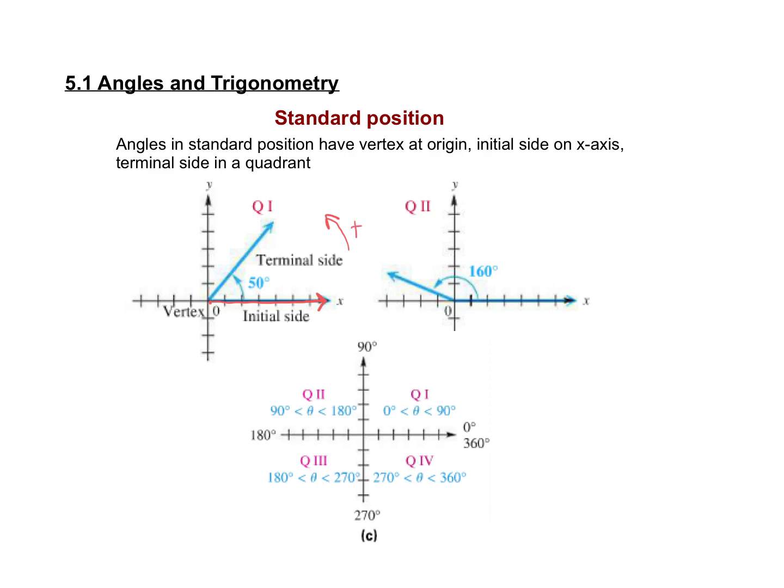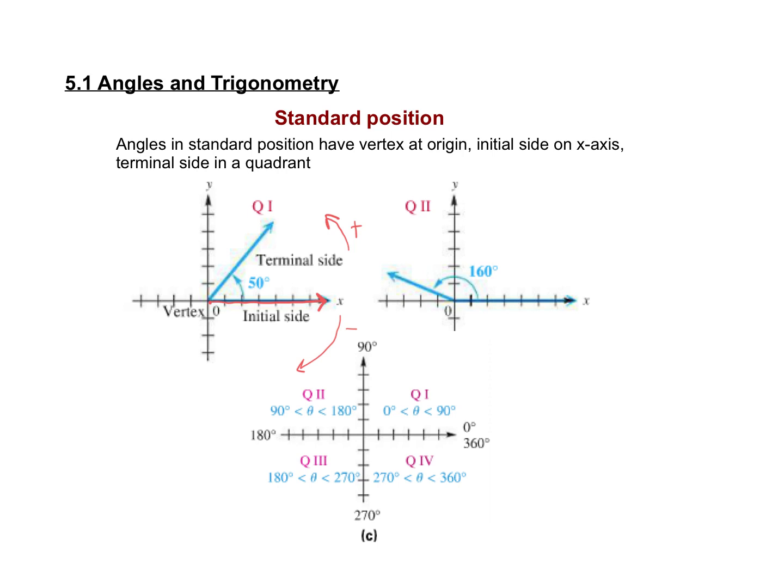If, on the other hand, we decided that we wanted to go clockwise from the initial side and we rotate it that way, then that is actually going to give us a negative angle. But wherever we decide to rotate that second side, wherever it stops, that's where we terminate the angle, and therefore that side is called the terminal side.